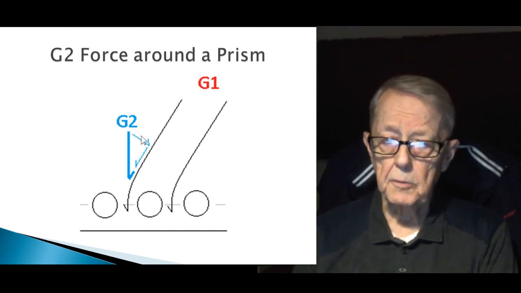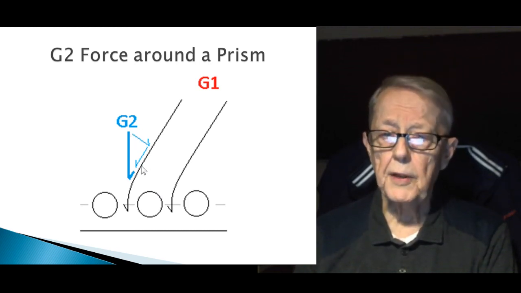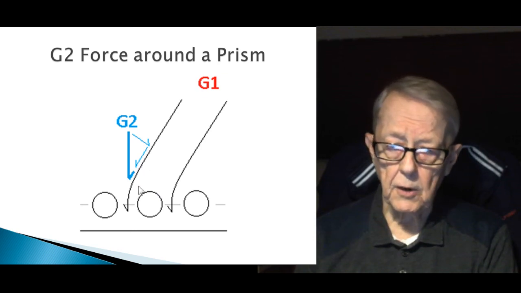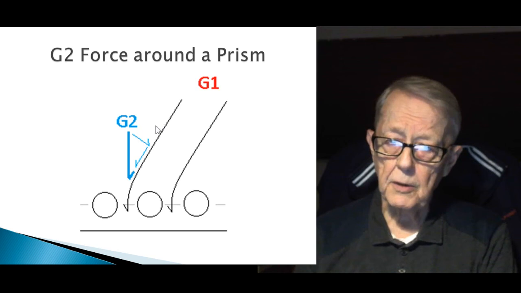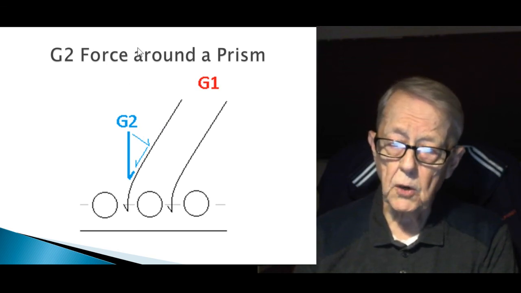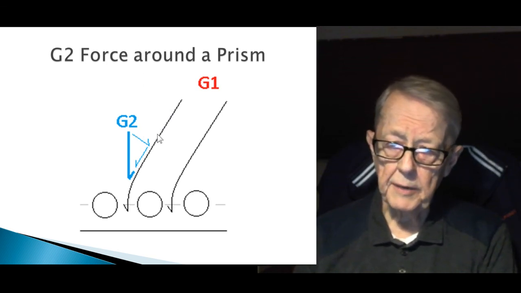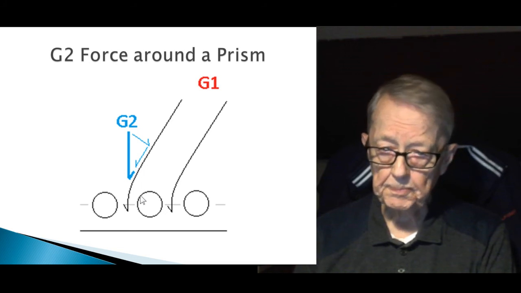So this is the analysis of the force and how it causes it to bend. And this is gravitational, which means that the force is weaker as you go out, so it may even start bending sooner.